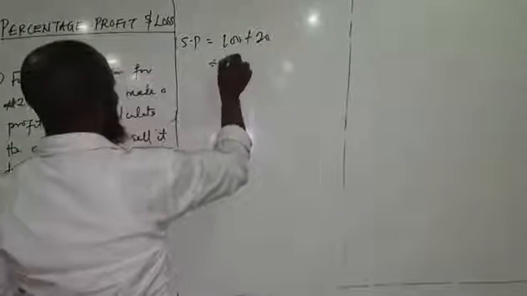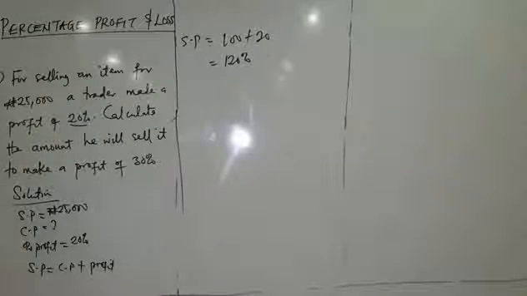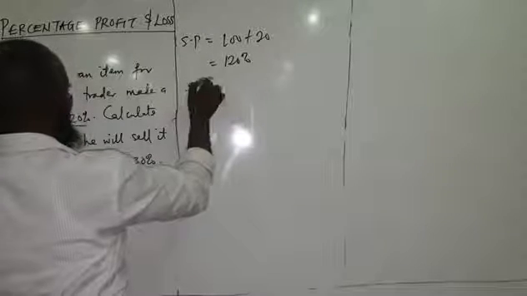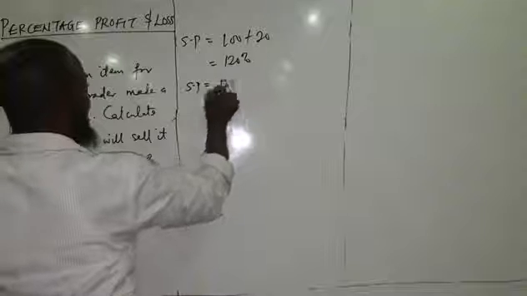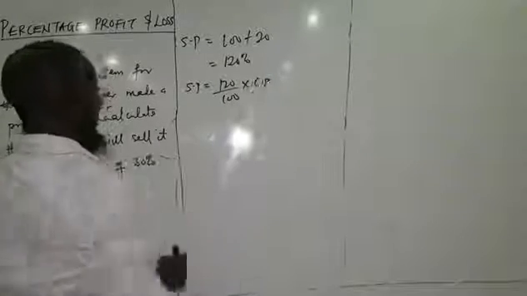So this will be 120%. Hope I'm making sense. So that means that for us to get the cost price, the selling price, which is 120% of the cost price, is the cost price we are looking for.